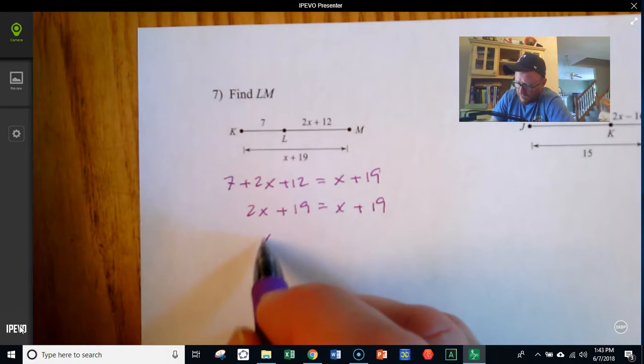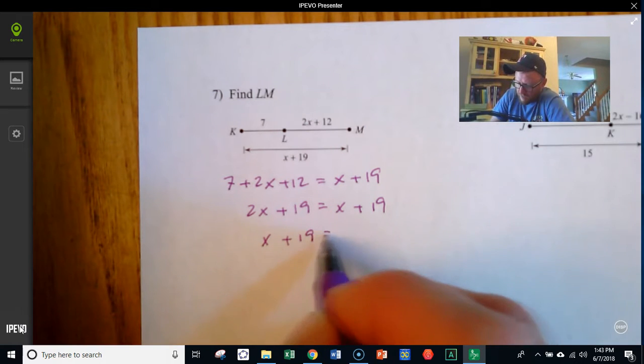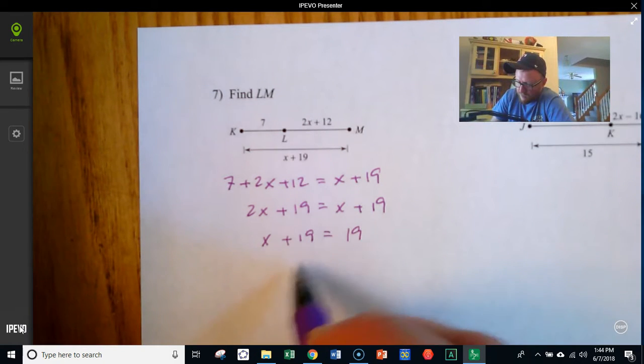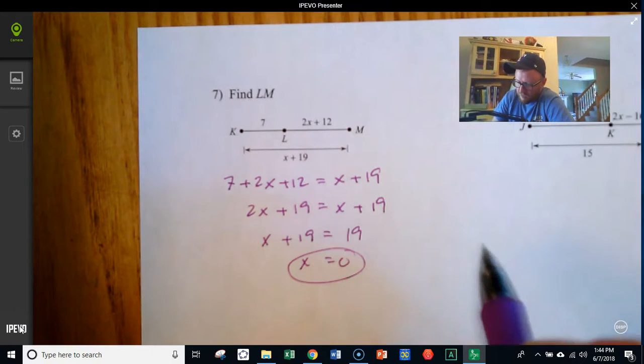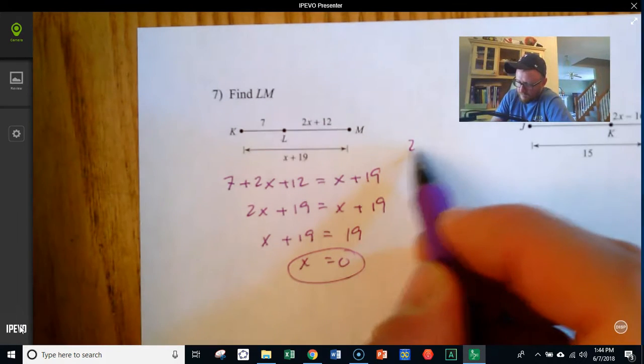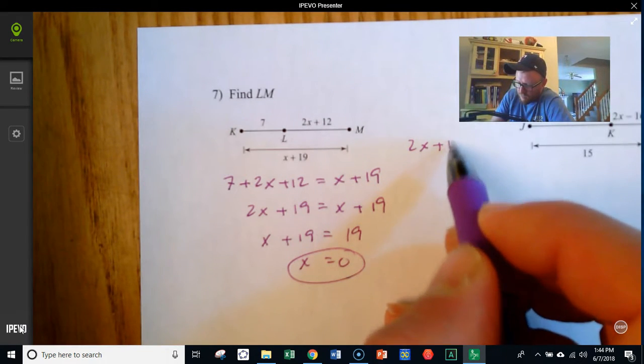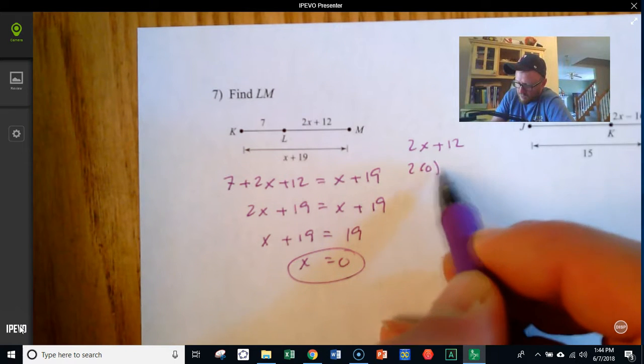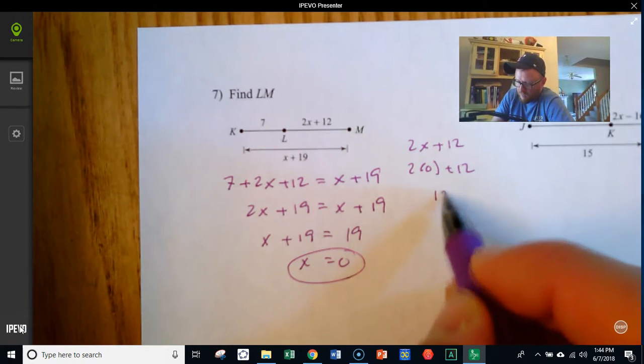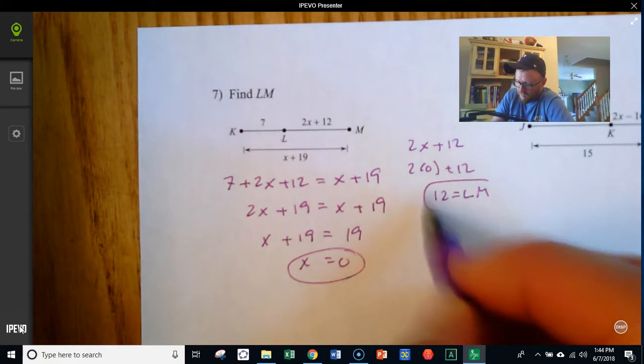Alright, we've got x plus 19 equals 19, and x equals 0. We're trying to find LM. 2x plus 12. 2 times 0 plus 12. 12 equals LM.